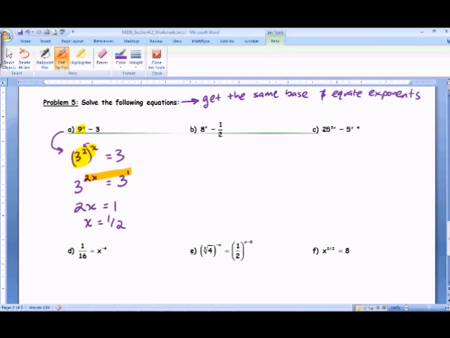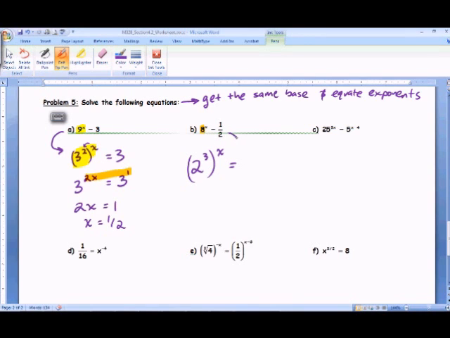Part B, this is kind of strange. It's a different sort of problem because it doesn't seem like we're going to be able to get the same base on both sides of the equation. Actually, we can. If you factor the number 8, we know that it factors as 2 cubed. So 2 cubed to the x equals 1/2.